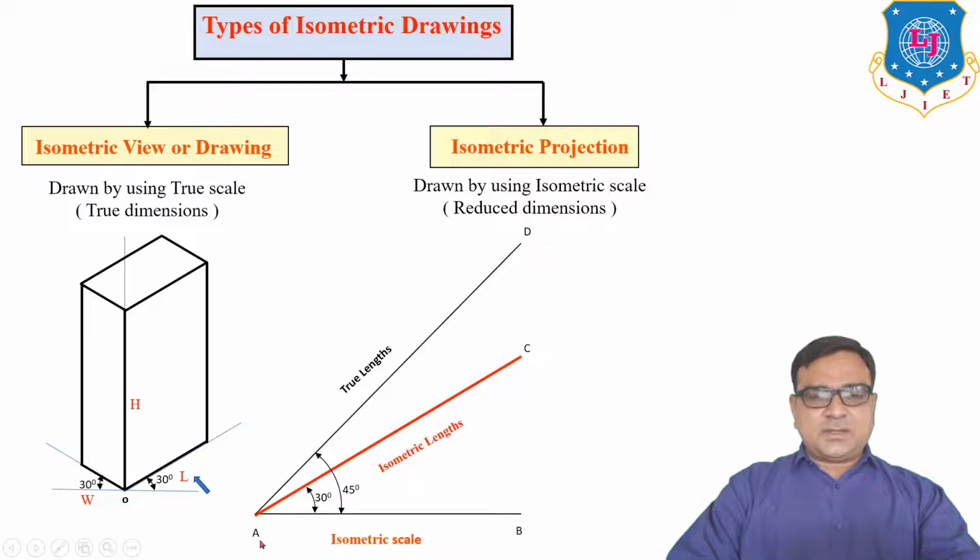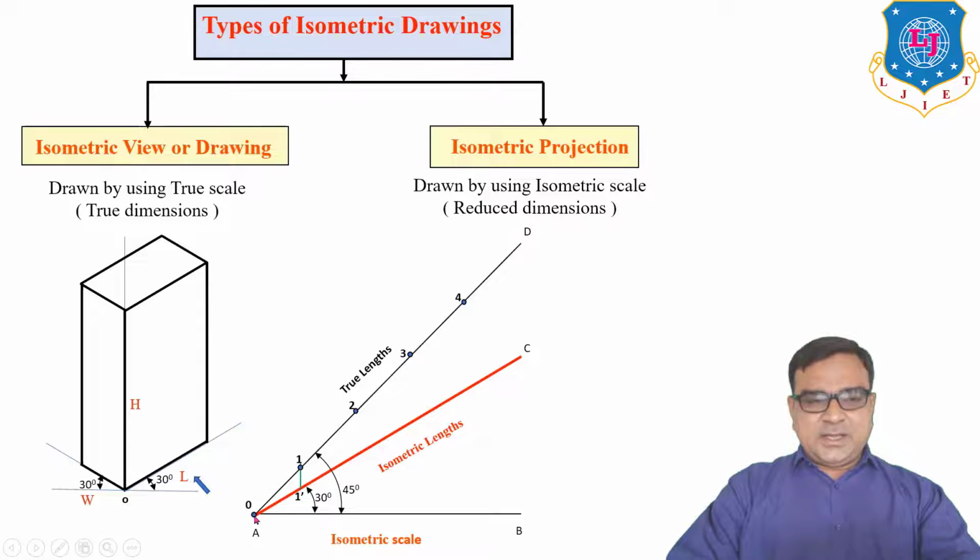If you want to convert the true length into isometric length, then you have to mark on the true length 0 to 1, 2, 3, 4, 5, etc. Suppose this is 1 centimeter or 10 mm. So from 0 to 1 is a true length of 1 centimeter or 10 mm. But when we draw the vertical line from 1 up to the isometric length, that point is 1 dash.